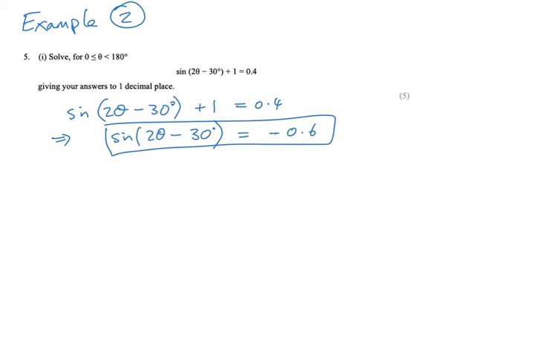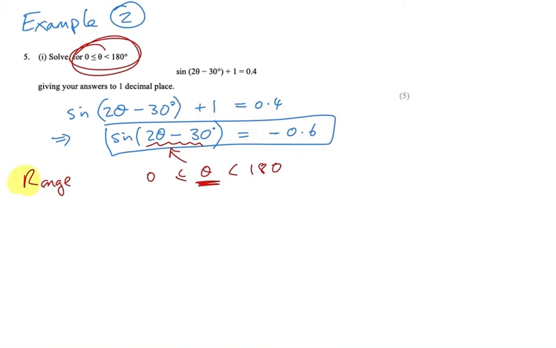Okay, and I'm ready to solve that, aren't I? So let's go through our method again. RAMS, the first one is range. Now this question has asked for theta between 0 and 180. So I want here to have exactly the same thing as inside this sine function. I want this to be 2 theta minus 30. So the first thing I'm going to do is times everything by 2.